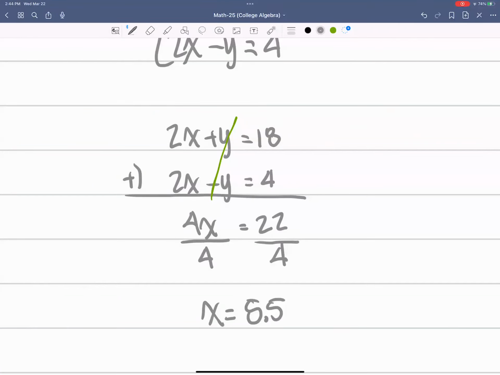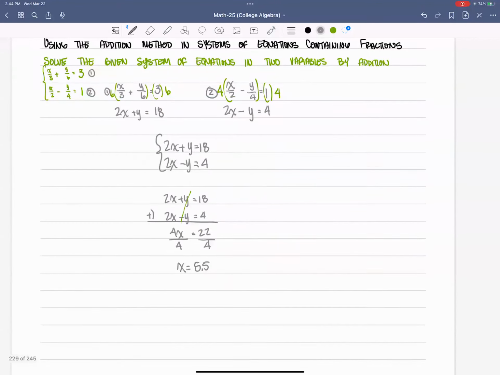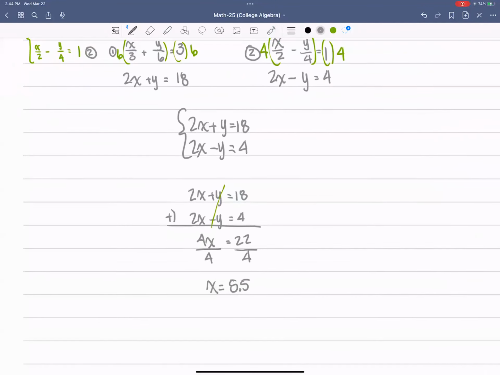Now that we have the x component, we just have to figure out what the y component is. You could plug it into either one of the equations. You could plug it in here, here, here, or here. Either one of those equations will work. Normally I would want to just use this one, but let's just use one of these equations, in case we made a mistake earlier.